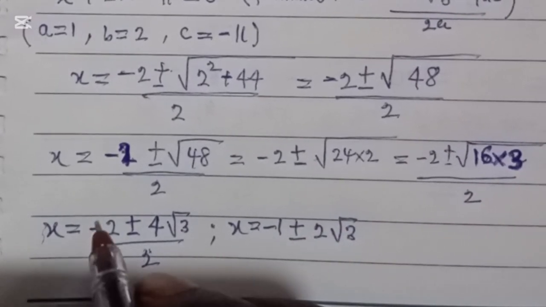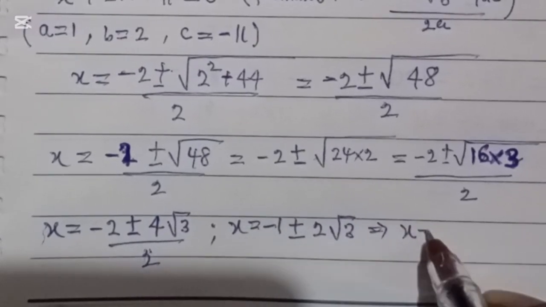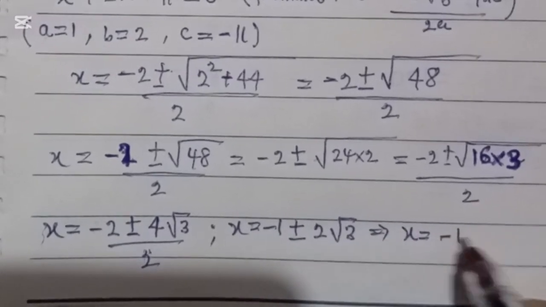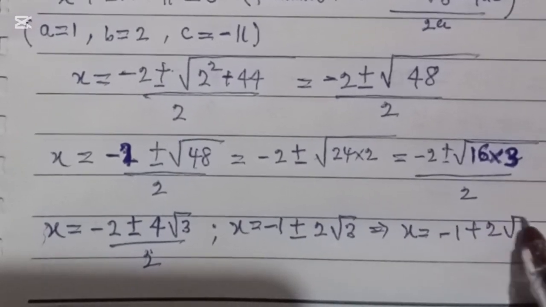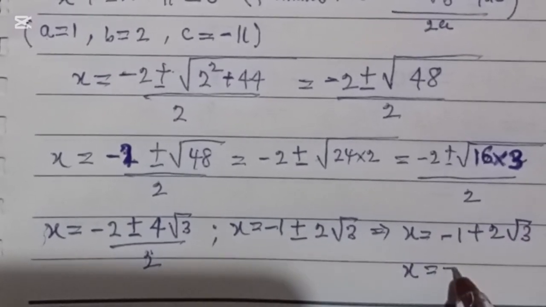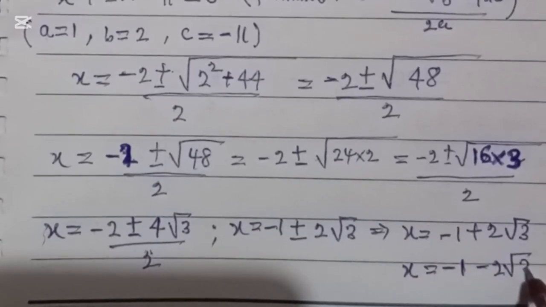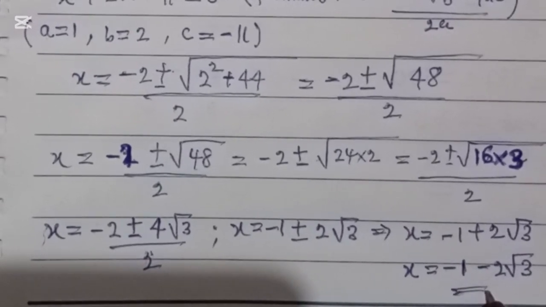So in reality, our answer becomes x is equal to minus 1 plus 2 square root of 3, or x is equal to minus 1 minus 2 square root of 3. That is our final answer.